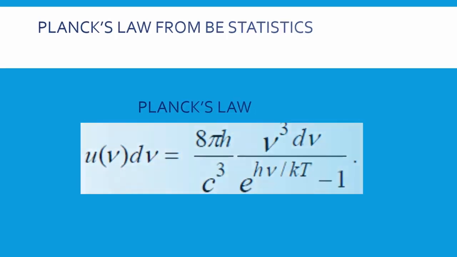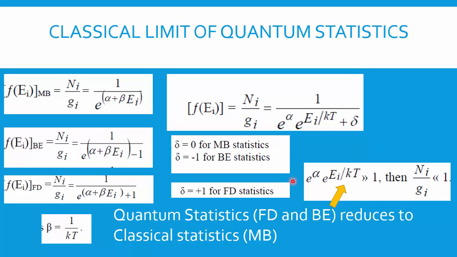Now with this, we have the last part of statistical mechanics, where it says under which condition the Fermi statistics and Bose-Einstein statistics will reduce to Maxwell-Boltzmann statistics.